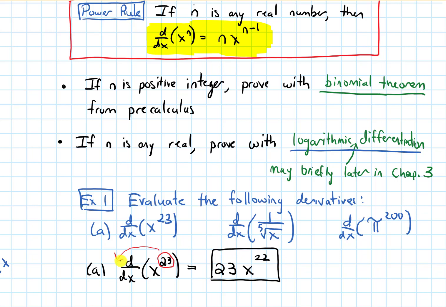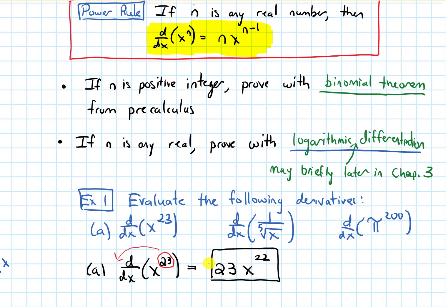So before, I would have had to do that whole limit definition of the derivative, and for something like x to the 23, that's going to be kind of challenging to do. So that's one of the reasons why the power rule is so useful. It makes doing derivatives a whole lot quicker than it used to be.